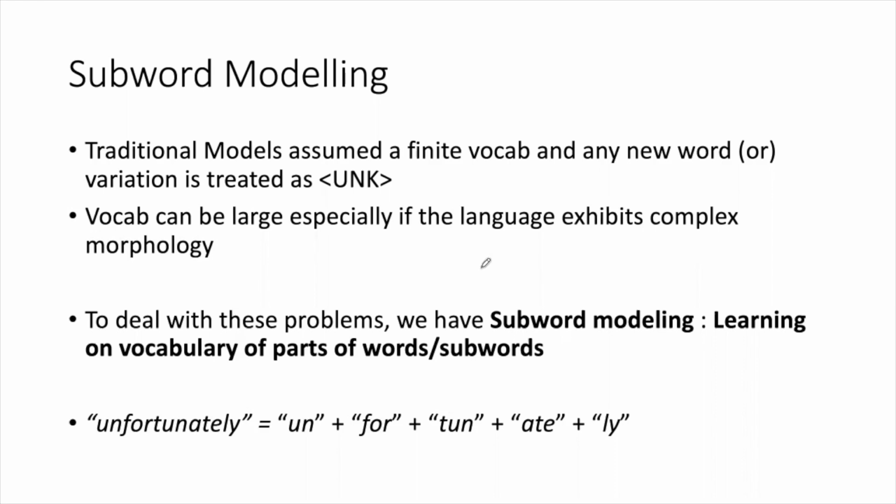Any new word, or a small variation of an existing word in the vocabulary, is treated as unknown. And also, if you want to cover all the words that are there, let's say we have some languages such as Swahili, etc., which have complex morphology.